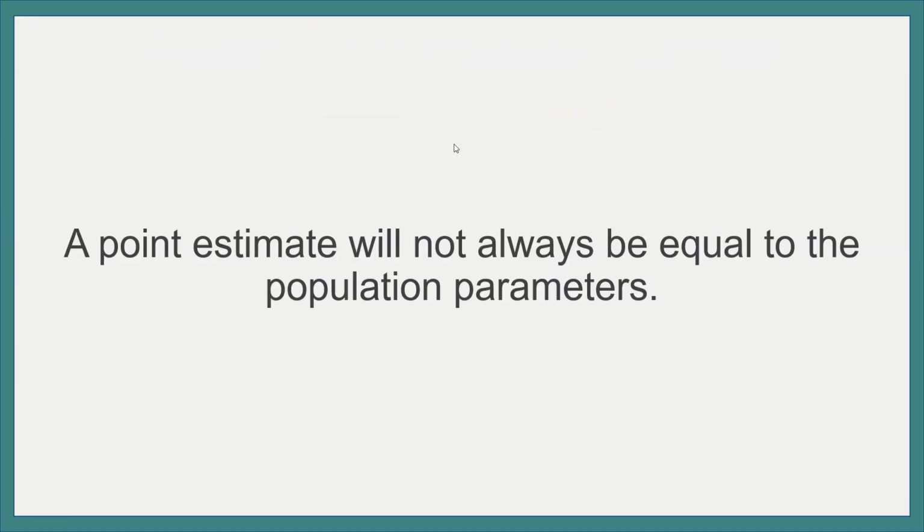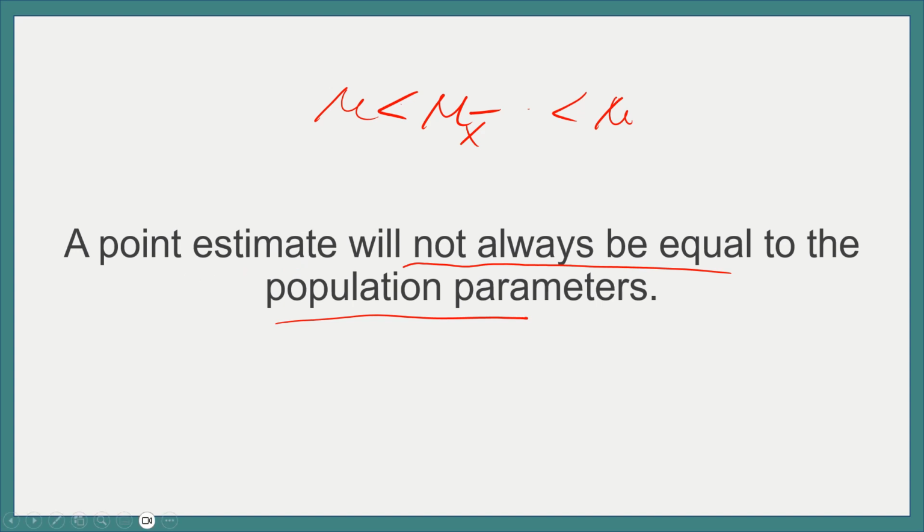Since the point estimate comes from a sample and not from the entire population, it will not always be equal to the population parameter. Sometimes it can be equal, sometimes lower, and sometimes higher than the value of the population parameter. So we are not certain that the point estimate is the true value of our population parameter.